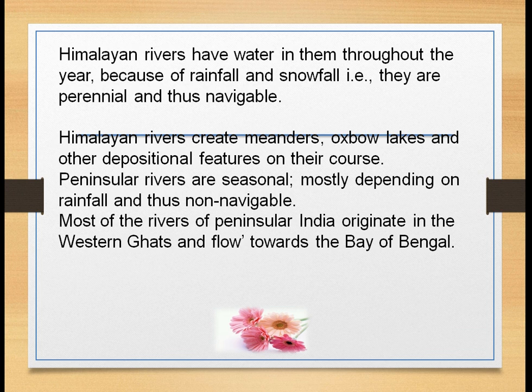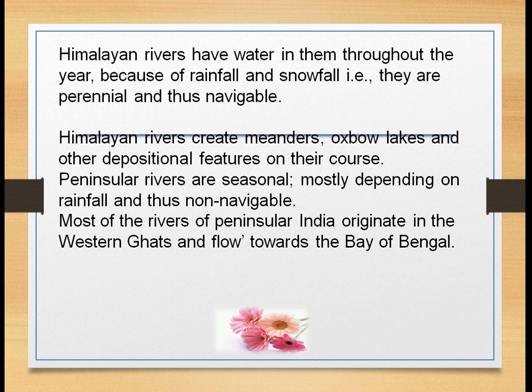Himalayan rivers create meanders, oxbow lakes and other depositional features on their courses. These oxbow lakes, meanders and other depositional features we already studied in 7th standard and 9th standard. Peninsular rivers are seasonal in nature.